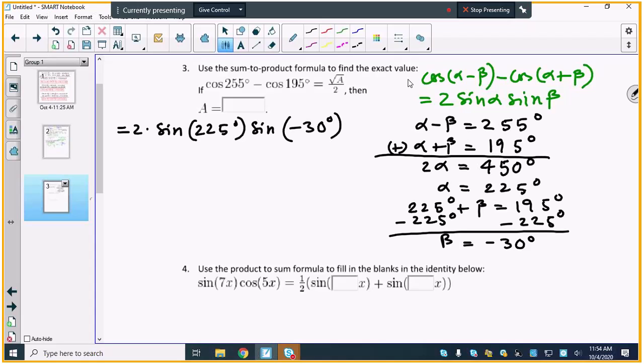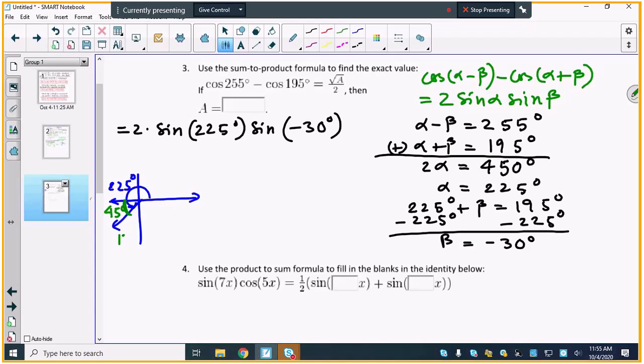Let's use the reference angle for both of these situations. 225 degrees is going to be in the third quadrant. For reference angle, I pick the angle between the nearest x-axis and the terminal side, which is clearly 45 degrees.